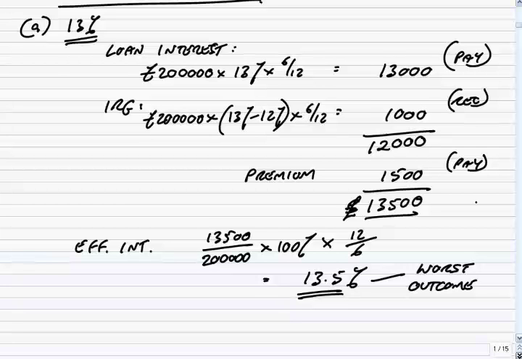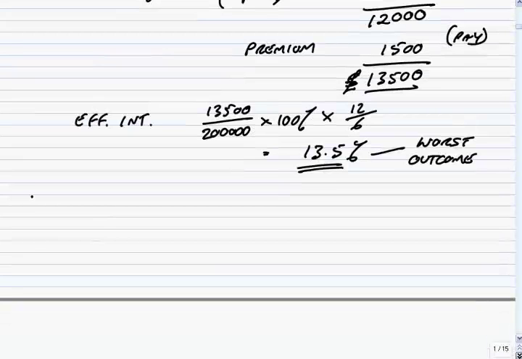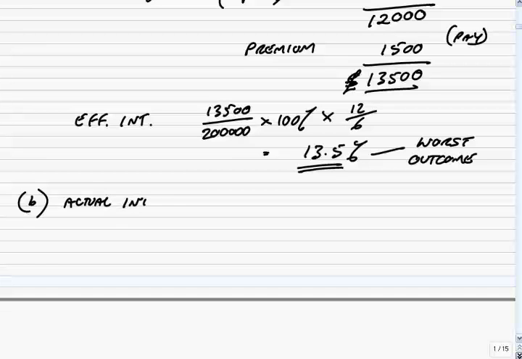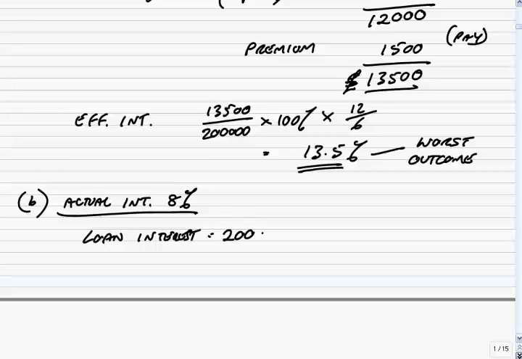But of course the benefit to us is if interest rates fall. So part B says, what if the actual interest is 8%? Well, on the loan itself, you always pay the actual rate. It's 200,000, 8%, half a year, which is 8,000.